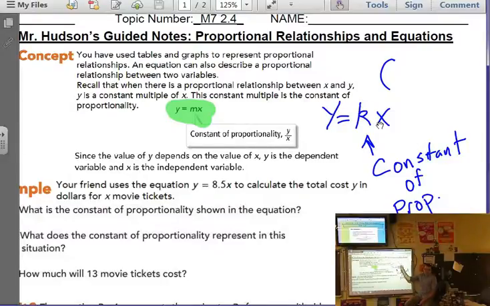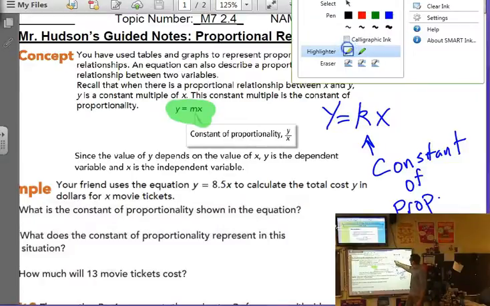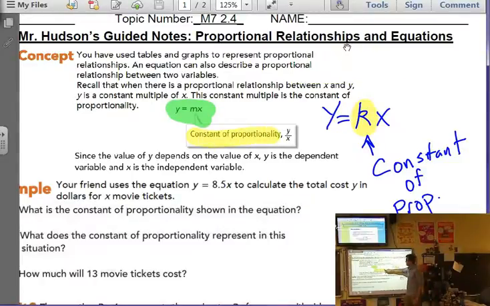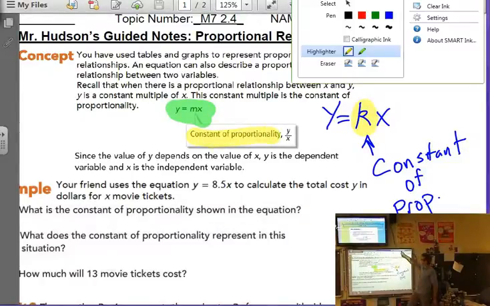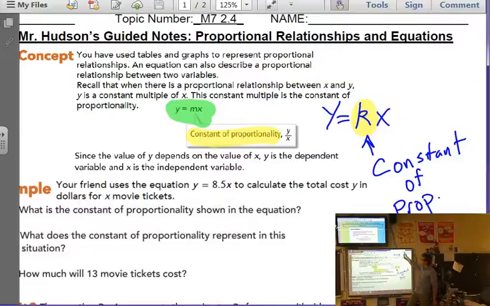The reason we don't use a C, hardly ever in math, is it looks like a parentheses. So they decided to use the letter k because it's got that same k for constant of proportionality. And really, mathematicians, we don't care how stuff is spelled. I care that I need to solve things. So that k is because of constant of proportionality. So you could highlight or notate that there if you would.